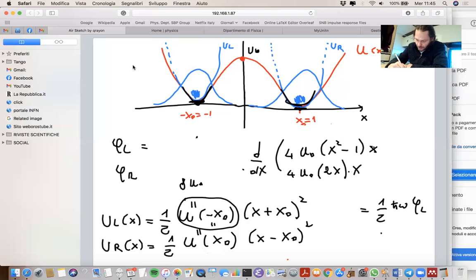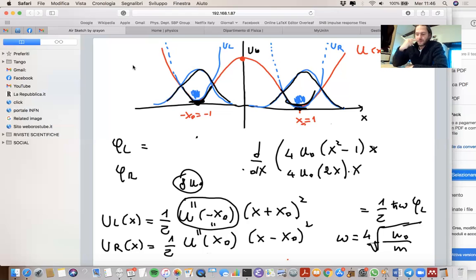So now, knowing this, omega squared is going to be twice 8 U naught divided by the mass. Therefore, omega is going to be the root of 16, which is 4 times the root of U naught over m, the frequency of my harmonic oscillator. So now I've completely determined the properties of this harmonic oscillator that approximates locally the potential here.